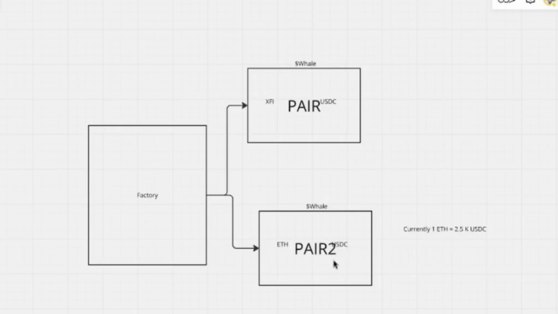For example, if I am providing 10 ETH to the pair contract, then I will be providing 25k USDC, so that this ratio remains the same.